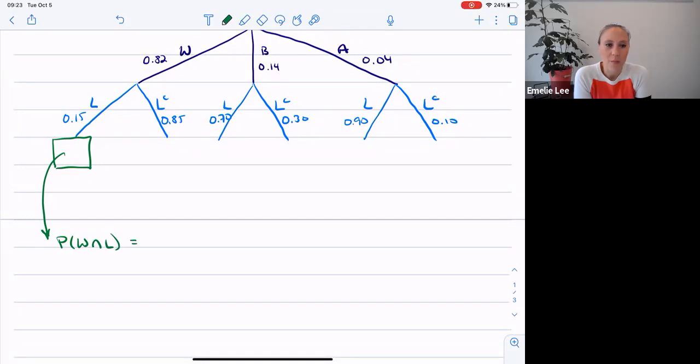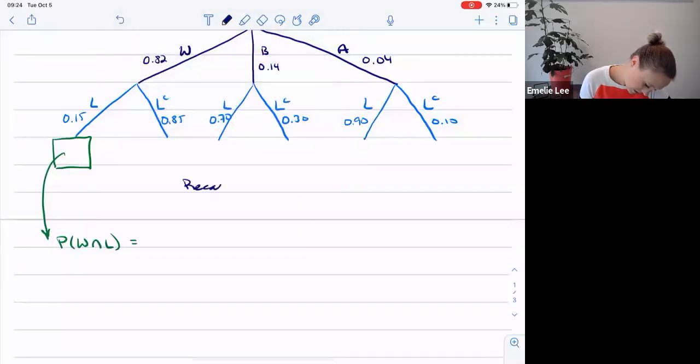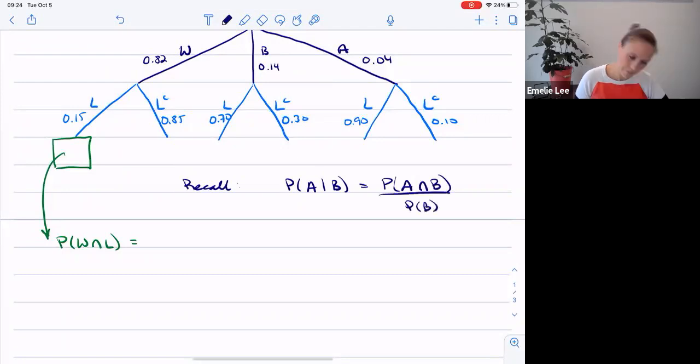what do we know from conditional probabilities, right? So here I'm going to write, recall that the probability of A given B is the probability of A and B over the probability of B. That's a fact, right? Which means that I can rearrange this because I have a conditional probability and I have a plain probability.